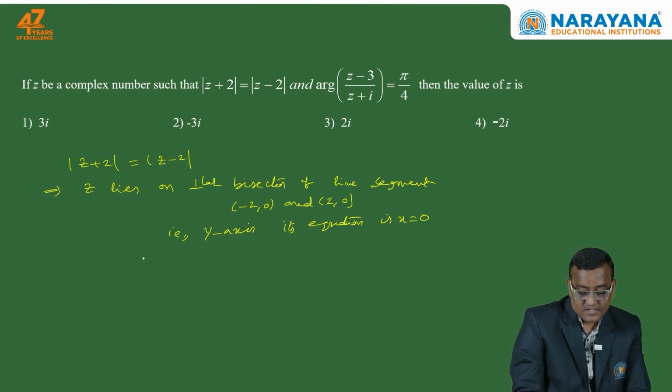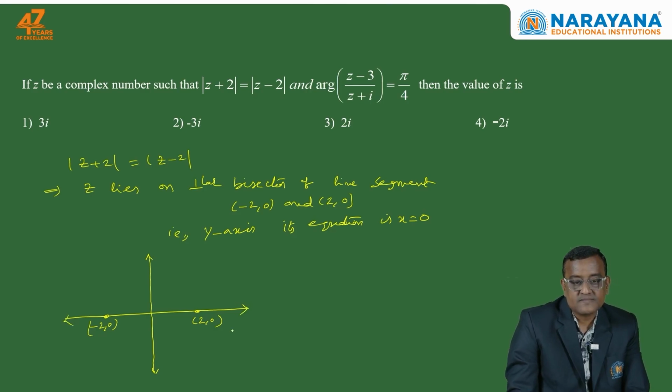See, this is the coordinate axis. Here we have 2 comma 0, here we have minus 2 comma 0. The perpendicular bisector of the line joining these 2 points is the y-axis.